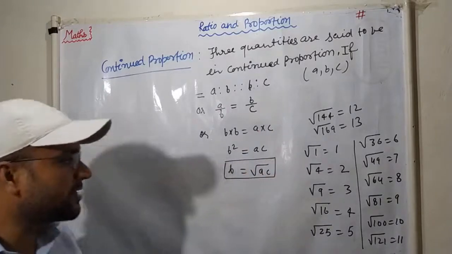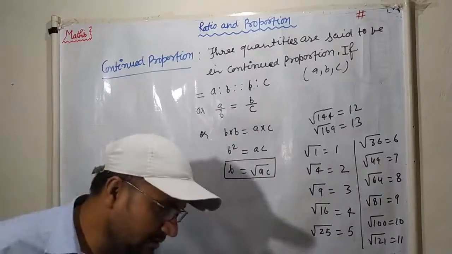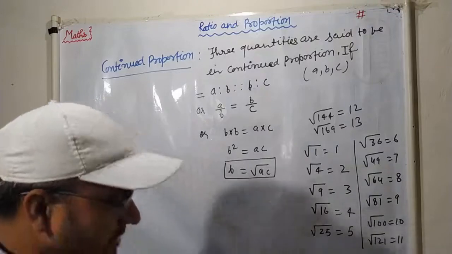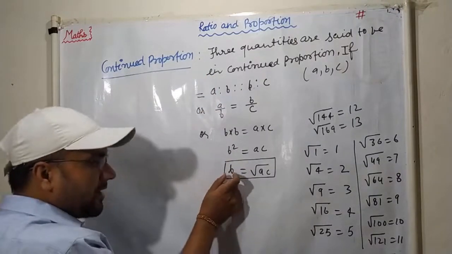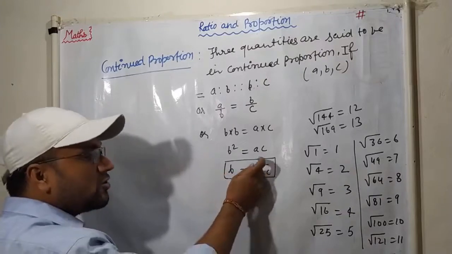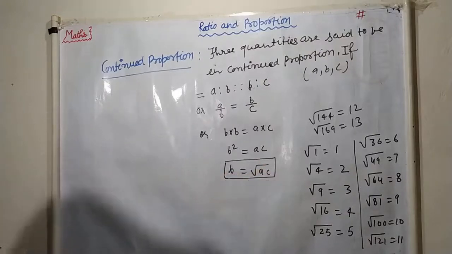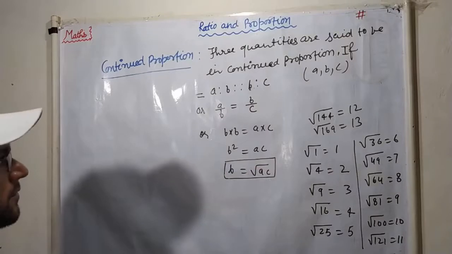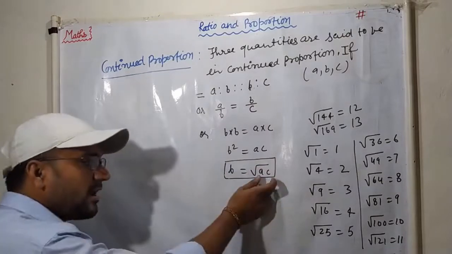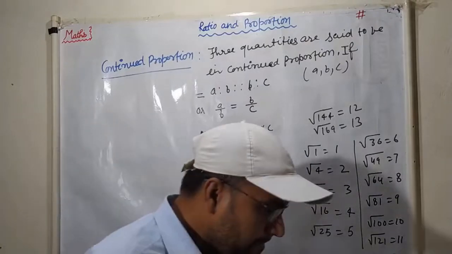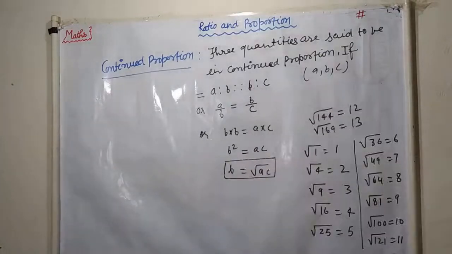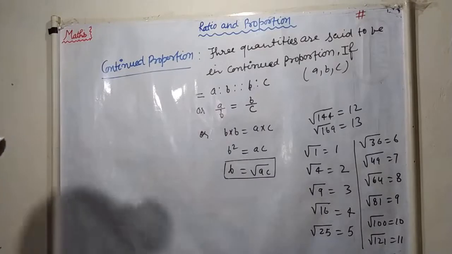So B is equal to root AC. If it is in continued proportion, then the mean proportional is equal to the root of the product of the first and third terms. This is called a continued proportion, students.